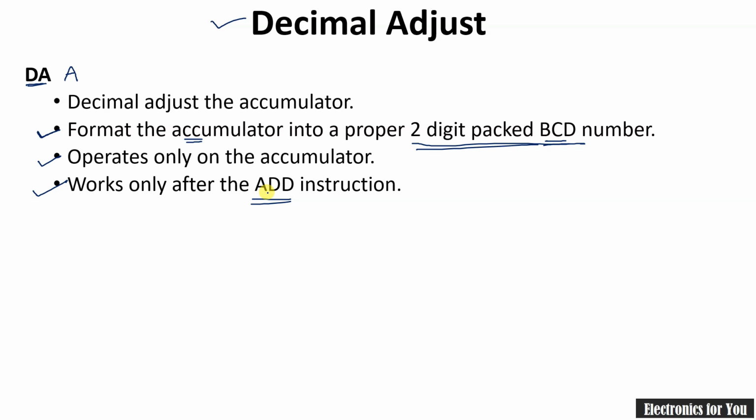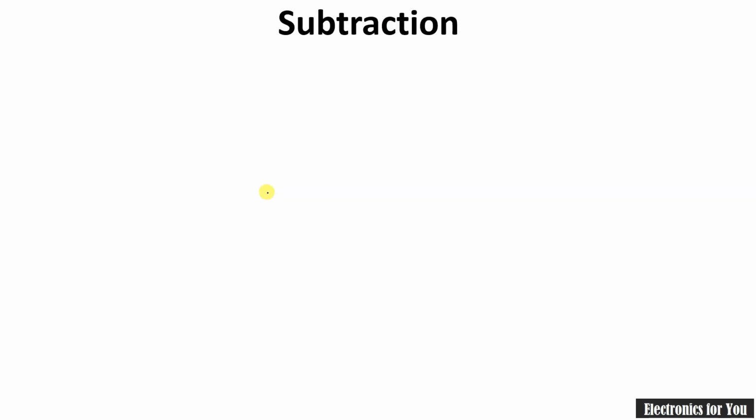This is decimal adjust. Now the next instruction is the subtraction instruction, and in the case of the 8051 it is only SUBB. Note here that there is no instruction like SUB, it is always SUBB. Here SUB stands for subtraction and B stands for borrow. So it is always subtraction with borrow.